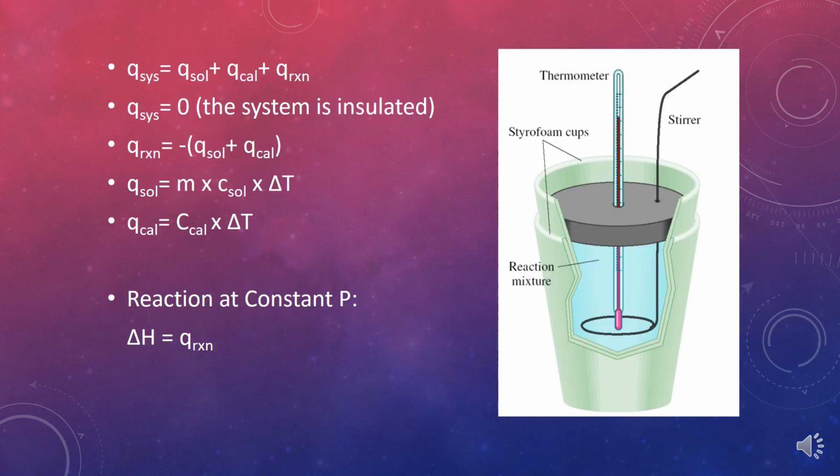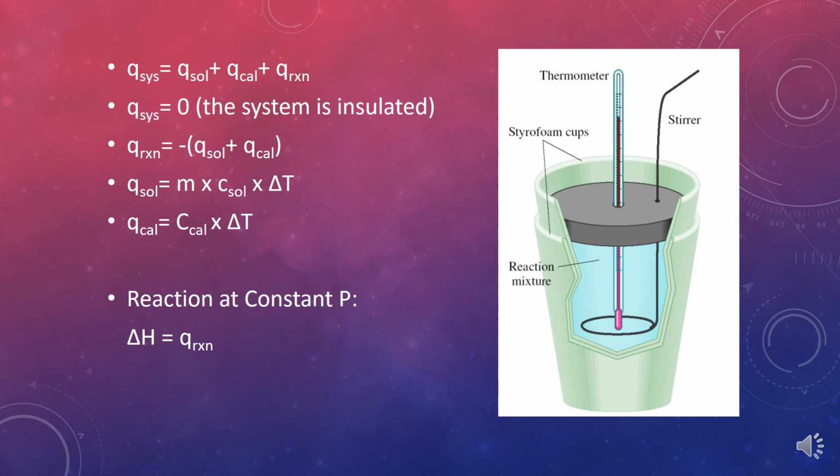The formula for heat of system is equal to heat of solution plus heat of calorimeter plus heat of reaction. Because the system is insulated, heat of system is 0. Then the heat of reaction equals negative heat of solution plus heat of calorimeter.